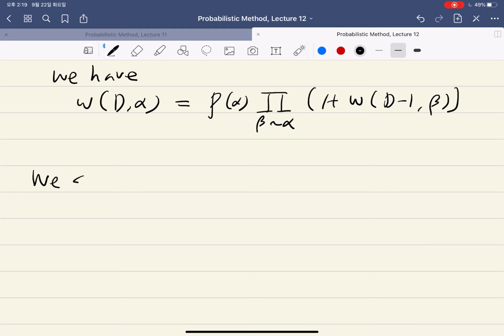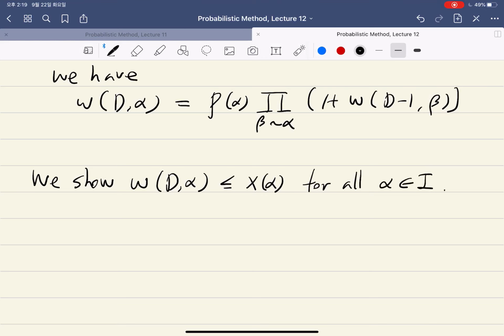Now we claim that this is at most x alpha for all alpha inside of I by induction on d.